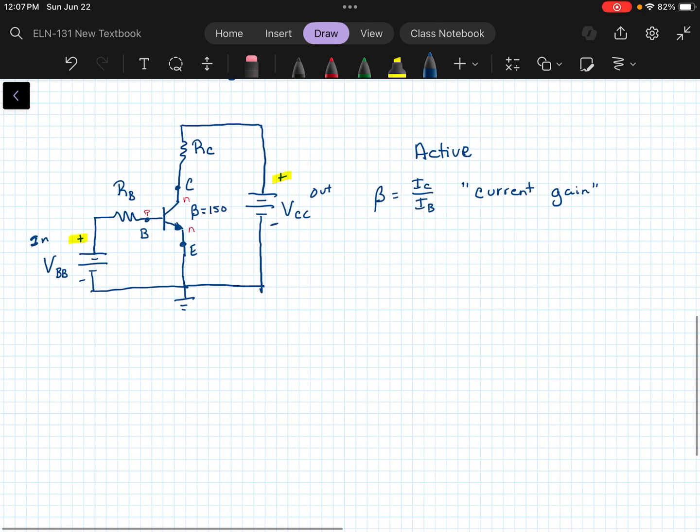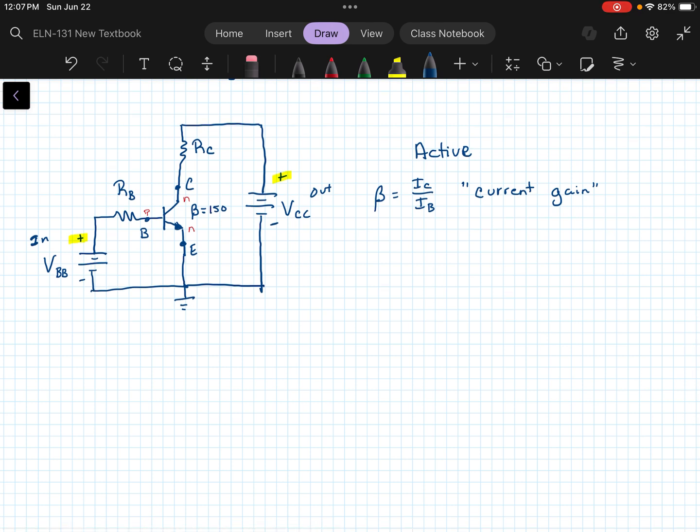So if you put 10 microamps into the base, you would get out 150 times that, or 1.5 milliamps of collector current. Okay, so that's the current gain.